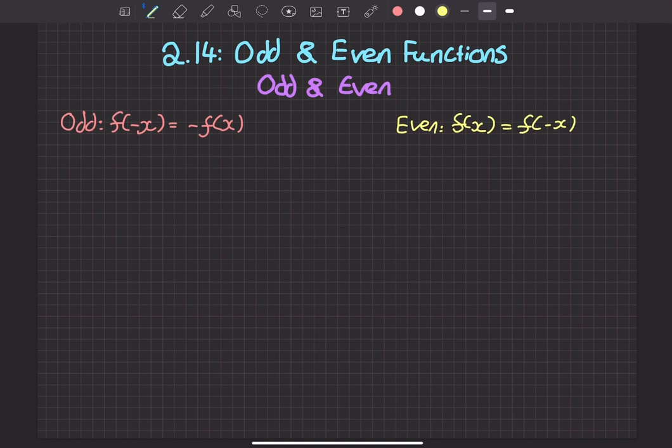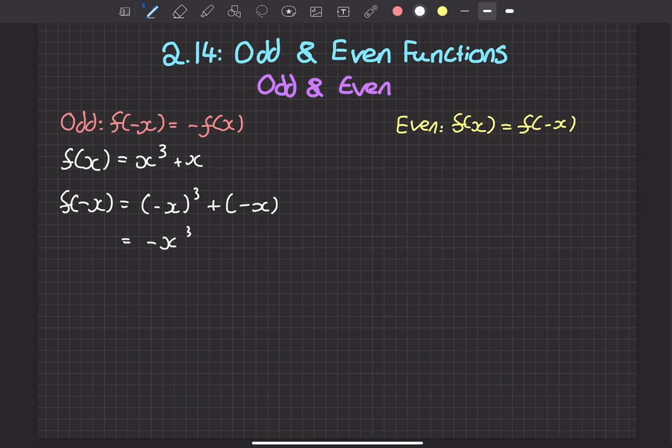Okay. And for odd functions, let's say we have this function here where f of x equals x cubed plus x. So if we have f of minus x, this would be minus x cubed plus minus x, right? And minus x cubed is minus x cubed, sign doesn't change. Plus minus x, sign changes to minus, and now we have this function here.